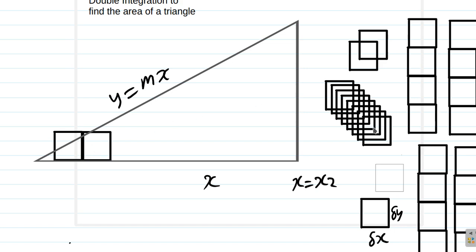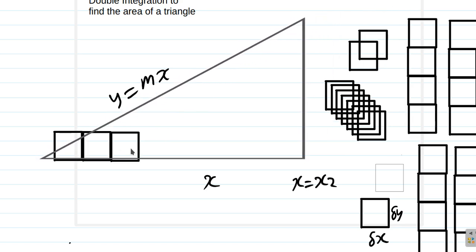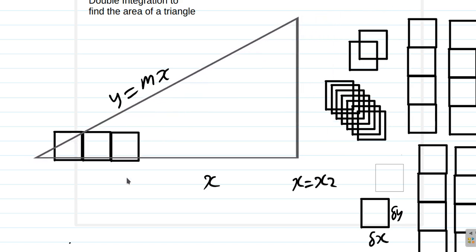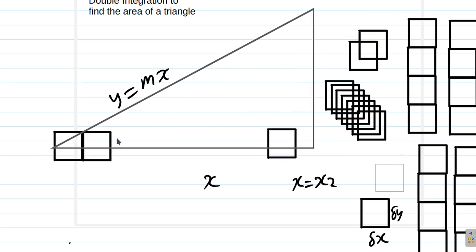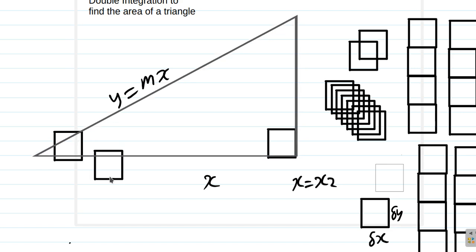We are stacking up from left to right, but let's say we're stacking them up from bottom to top. It's kind of hard to get this one without disturbing the triangle.